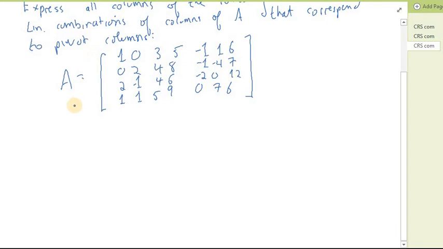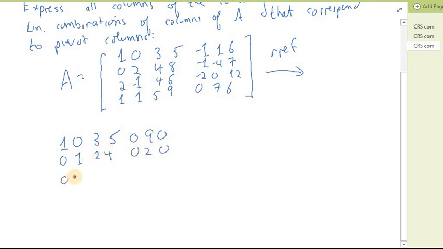Use your favorite row reduce software, and you'll get the following: 1, 0, 3, 5, 0, 9, 0, and then 0, 1, 2, 4, 0, 2, 0. The next one is 0, 0, 0, 0, 1, 8, 0, and 0, 0, 0, 0, 0, 0, 1. Now this is in RREF form.